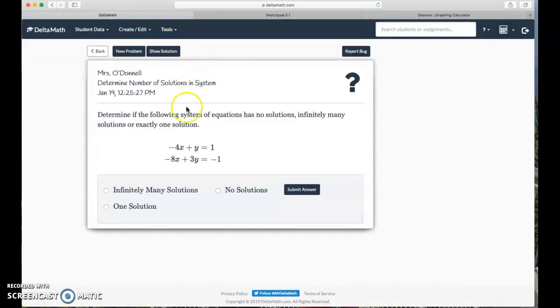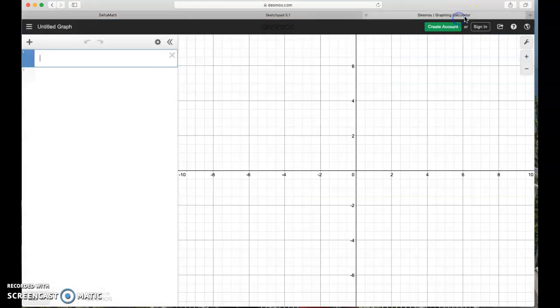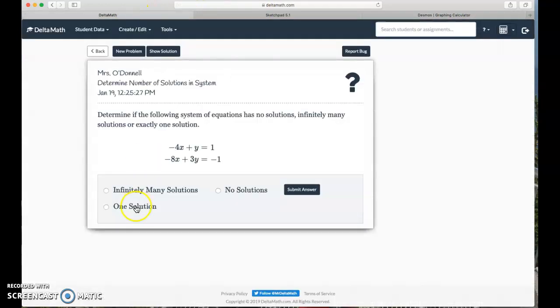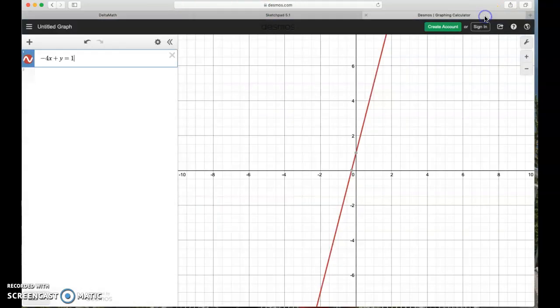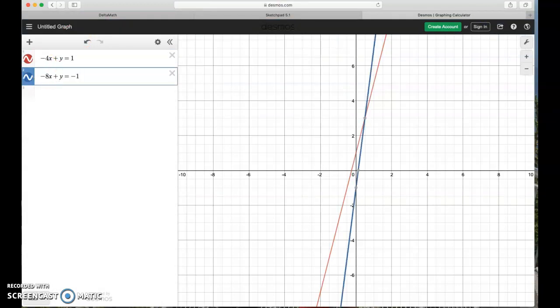The key here is you have to make sure that you're being very specific, so you can't mistype anything. So negative 4x plus y equals 1. And then if I come on back, negative 8x plus y equals negative 1.